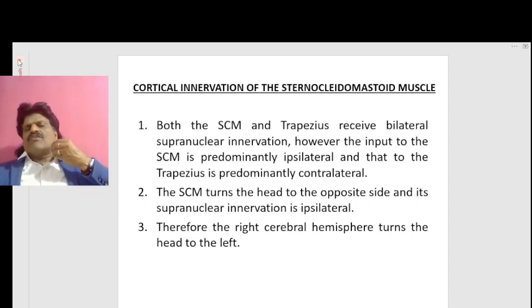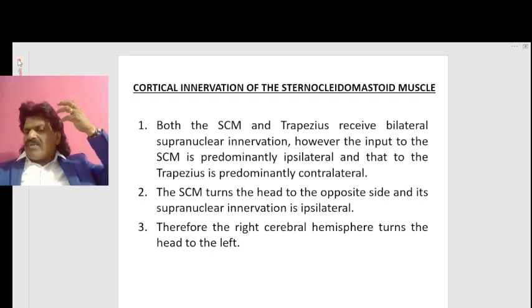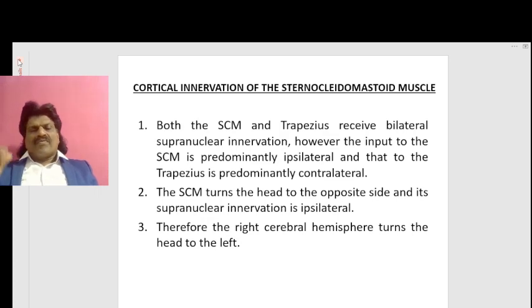So the sternocleidomastoid muscle turns the head to the opposite side and supranuclear innervation is ipsilateral. Therefore, the right cerebral hemisphere turns the head to the left side. So very interesting, if there is a stimulus on the left side and you want the head and the eyes to turn, the right frontal cortex gets stimulated but it predominantly innervates the sternocleidomastoid on the same side ipsilaterally. So when the sternocleidomastoid muscle contracts, the head turns to the opposite side.